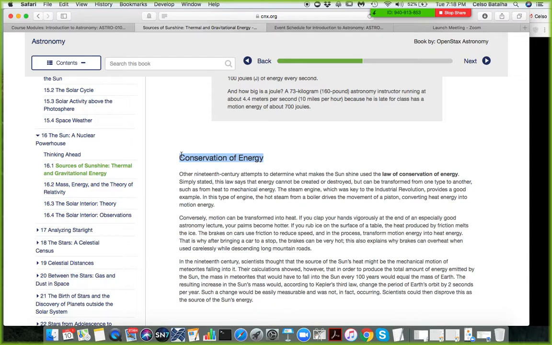Now, this production of energy, as we will see, requires the fusion reactions of hydrogen into helium, and more than half of the hydrogen in the sun's core has already been converted into helium. So the sun has a finite life, if you will.